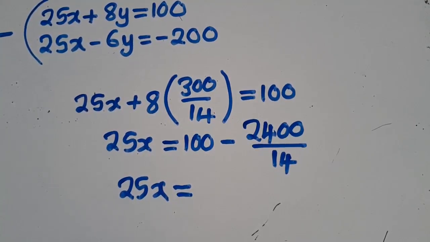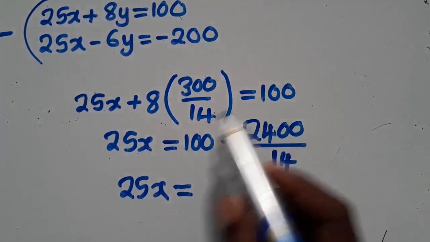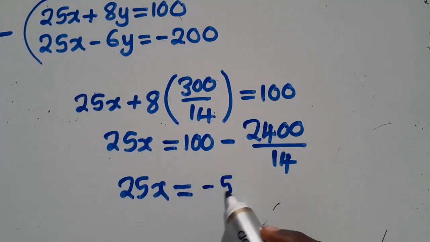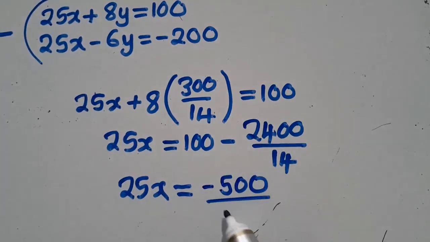So here, when you say this is 100, the answer that you are going to get when you evaluate this part is negative 500 over 14. This is the answer you're going to get.